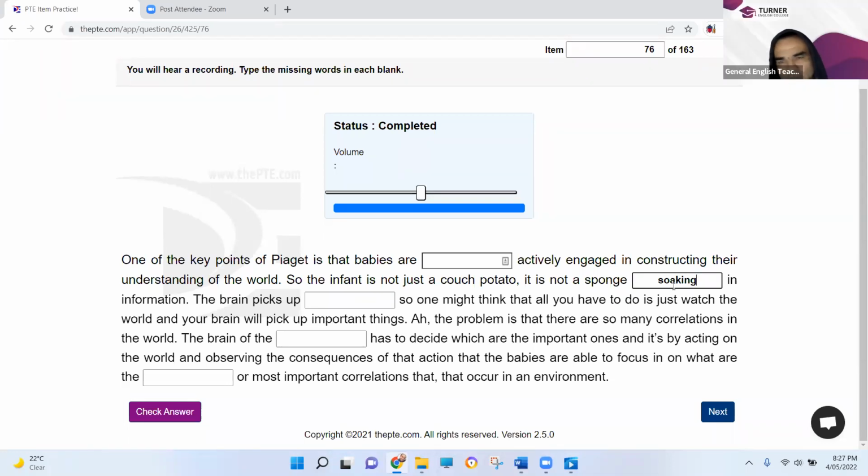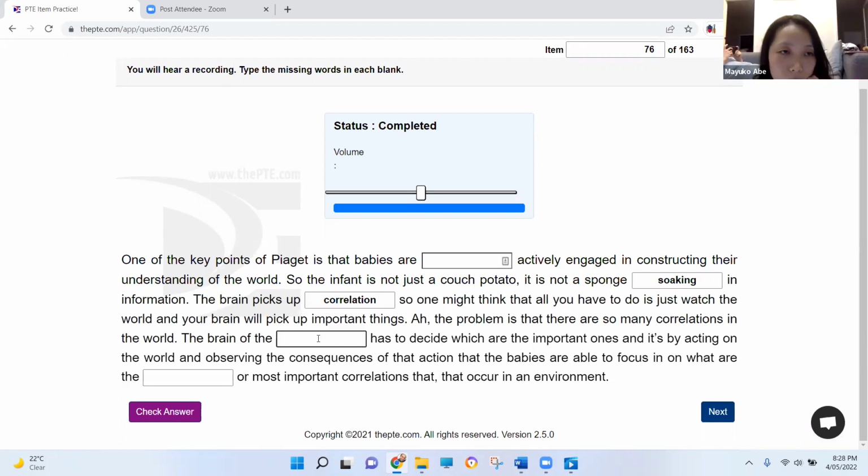Soaking. Yeah, that is the same spelling. Oh, did it? Okay, good. That's soaking. Number three, Sohaila. Correlation. Double R. You have correlation. It's double R. So look, it's double R. And Mayuko, number four. The brain of the individual.